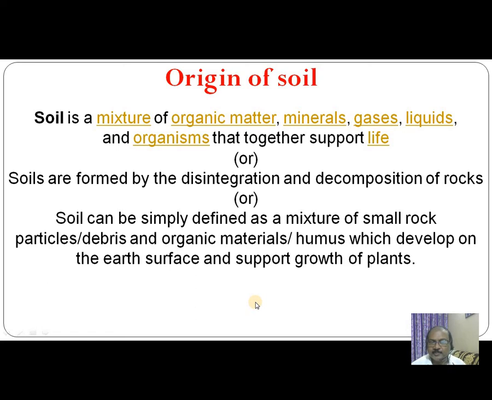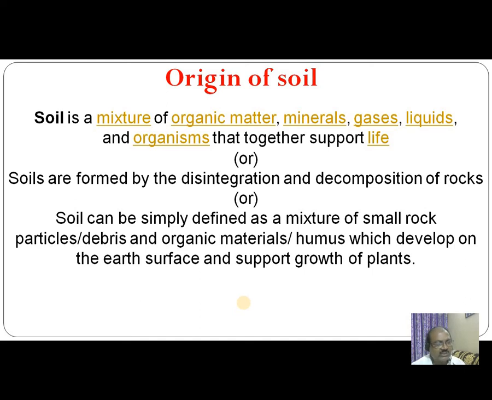Origin of soil. What is soil? Soil is a mixture of organic matter, minerals, gases, liquids, and organisms that together support life. Or soils are formed by the disintegration and decomposition of rocks.